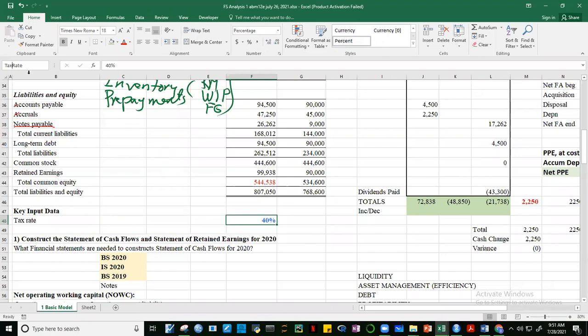So instead of F48, I want this cell to be called tax rate, and then press enter. Have you done that, guys? Yes po. Okay, so pagpunta nyo dito, tingnan nyo, may pangalan na siya, di ba? We have given it a name, and the name is tax rate.